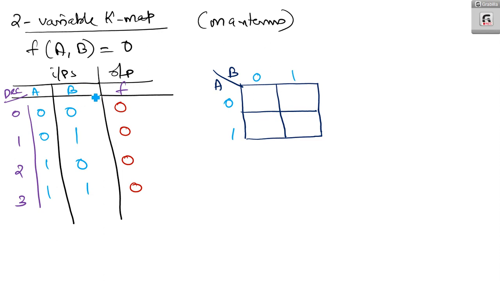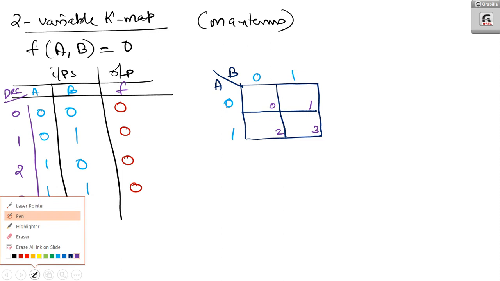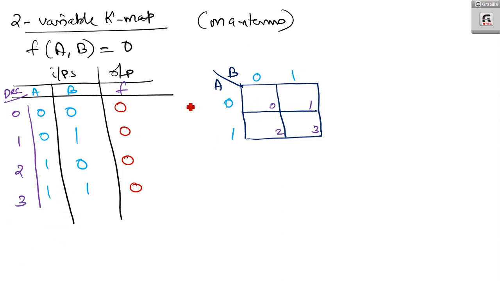Now, coming to the corresponding decimal equivalence: if it is 0, 0, it is 0. If it is 0, 1, it is 1. 1, 0, it is 2. 1, 1, it is 3. For all these, the corresponding output is 0 only.